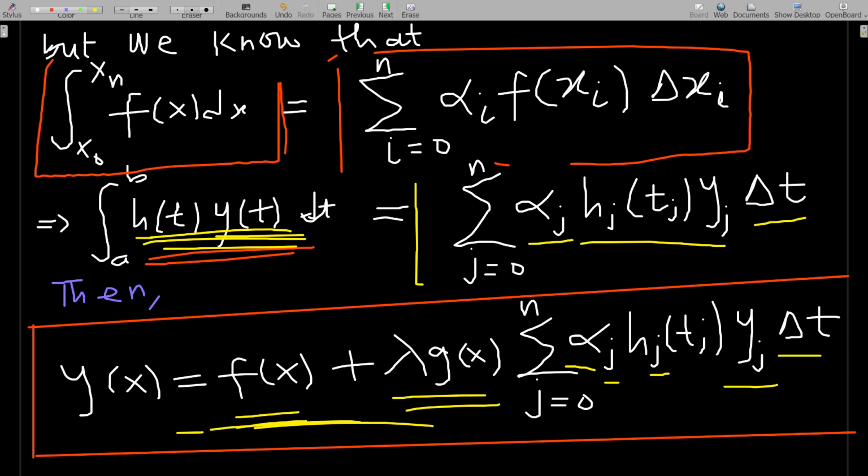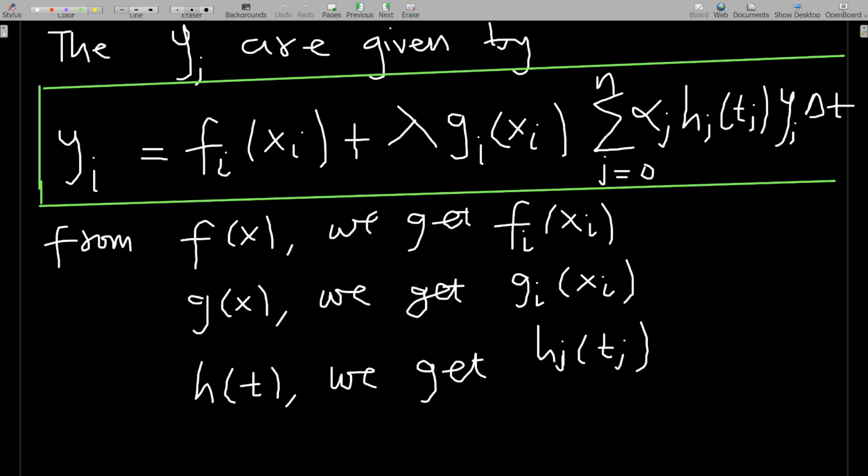Now when you want to find the yj's, you write the same formula, but you also consider that x is changing. So here we have yi, so we'll use i for the x: yi equals fi of xi plus lambda gi of si, then you write everything back again.